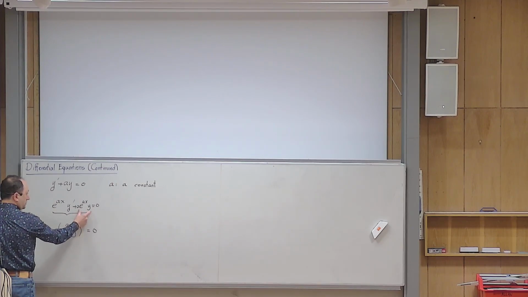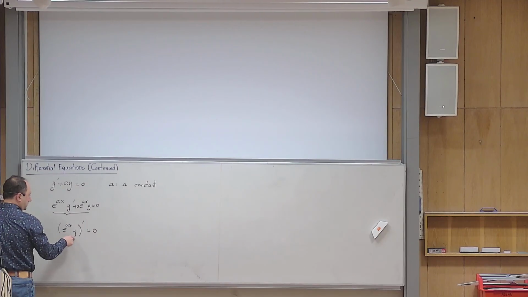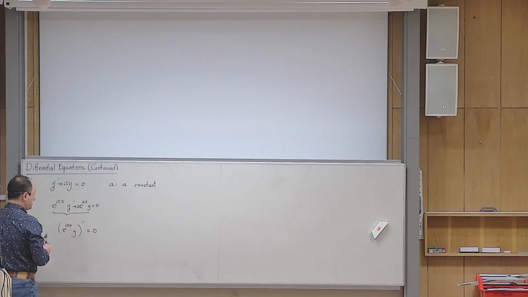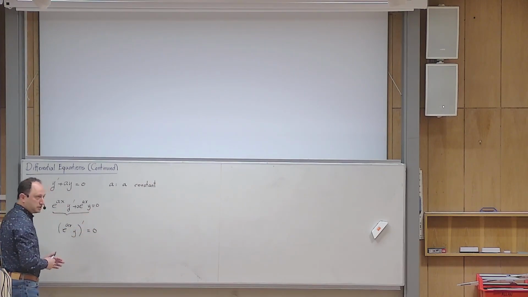This gives you the second term, plus the first one itself multiplied by the derivative of the second one, which gives you the first term. So what I have done is plausible. Someone told me to multiply both sides by this factor, and when I did that, I realized the left-hand side can be written as a complete derivative and the right-hand side is still 0.